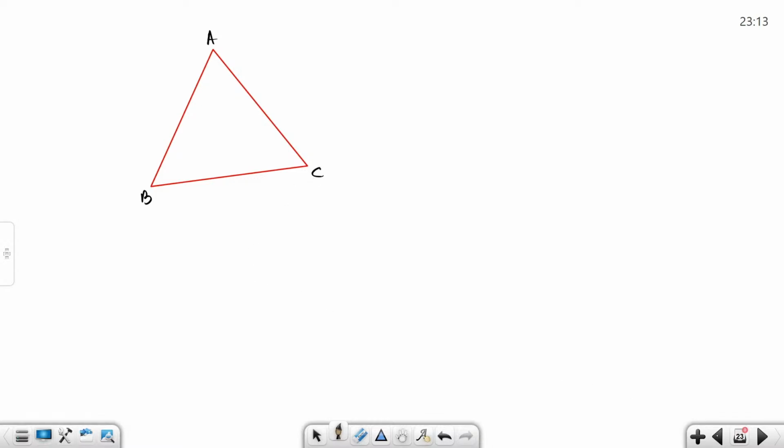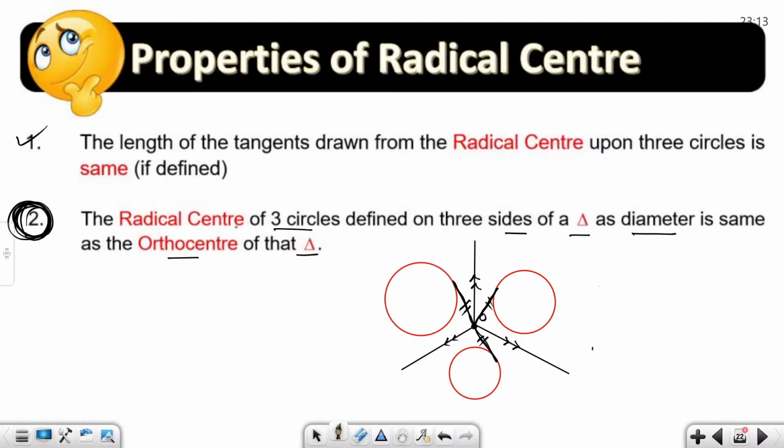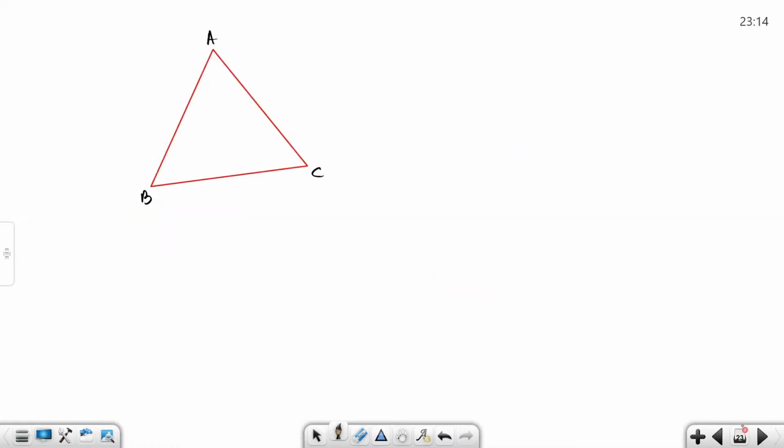The property states the radical center of three circles defined on the three sides of the triangle as diameter. Means what they are saying? They are saying that if you describe three circles on these three sides of this triangle, taking the sides as the diameter.